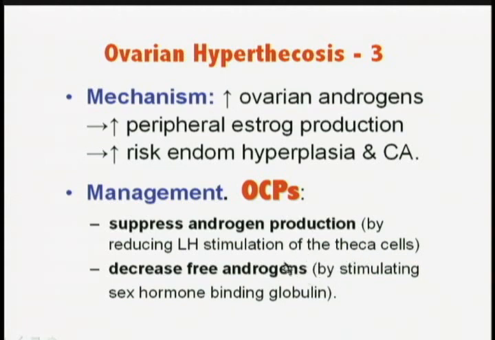The other thing is that as we decrease the free androgens, the sex hormone binding globulin is raised by the estrogen in the oral contraceptive pills. And as you increase the sex hormone binding globulin, the free androgens decrease. So we have a decrease in production of androgens, and we have an increase in the binding, both of which lead to decreased peripheral androgens.